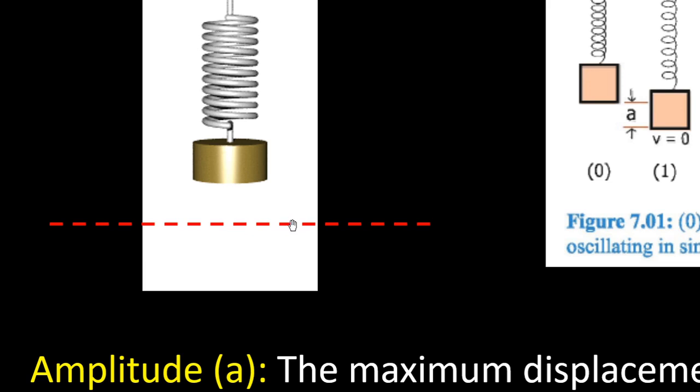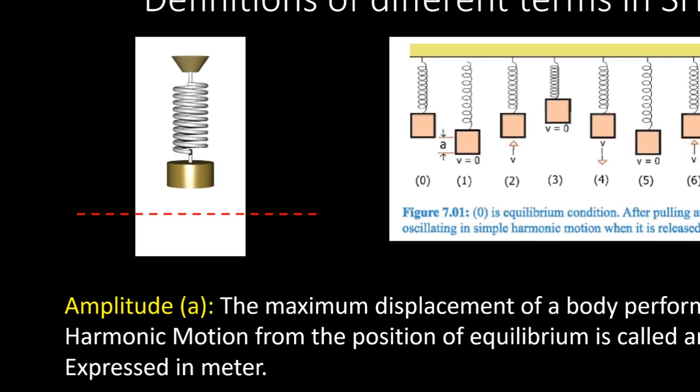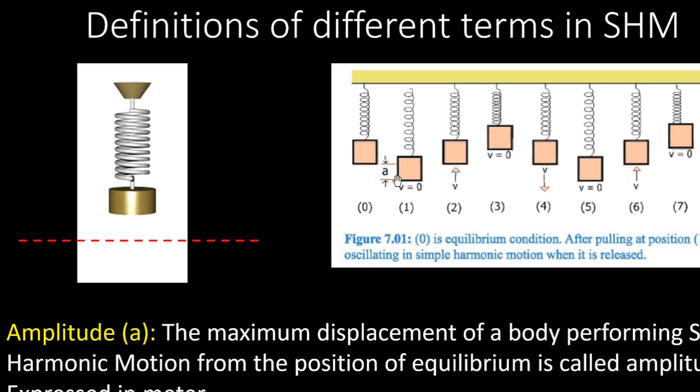The amplitude can be positive or negative, because it has amplitude in both directions, upward or downward, or rightward or leftward. So the amplitude has a positive value in one direction and a negative value in the opposite direction. So the maximum amount of displacement is called the amplitude. Here in the figure, this A denotes the amplitude of the object.